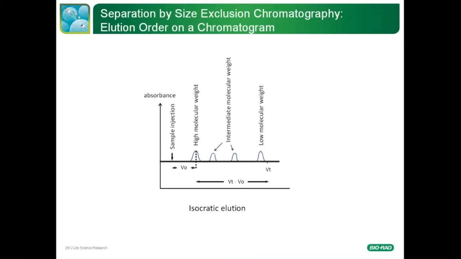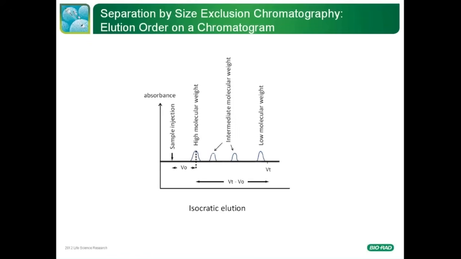Then, in decreasing size, you have the intermediate size biomolecules coming off the column. These have partial access into the internal pore volume of the particles, and the larger ones come off first because they can't penetrate the pores as far as the smaller biomolecules can.